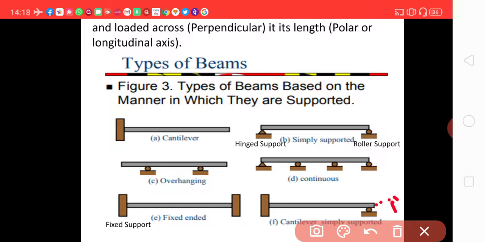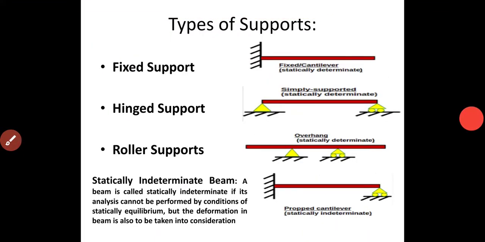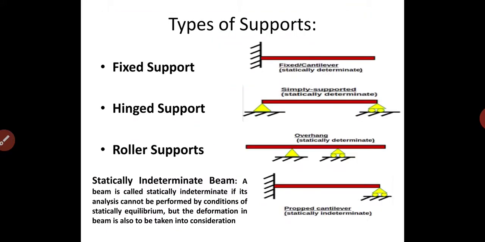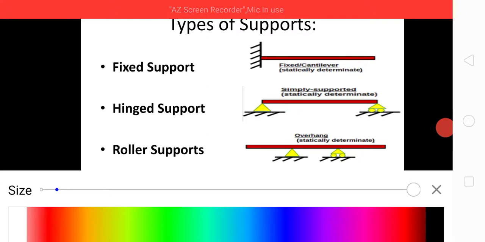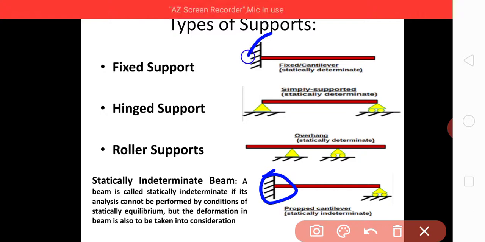I think it is clear now. Okay. Types of support again. This is the fixed support. This is the hinge support.